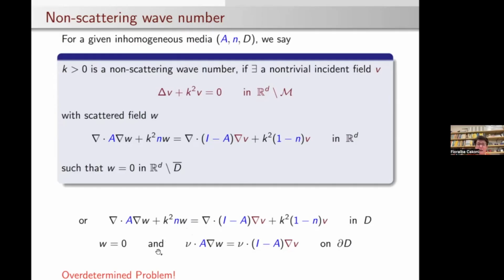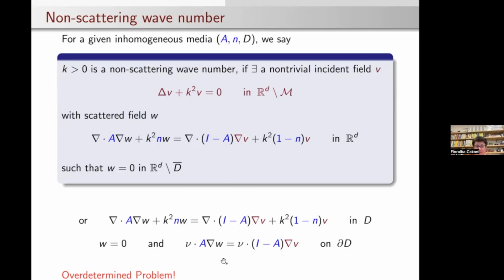So we say, well, how about I include in my system also the equation of the incident field. Here I send the incident field V, right? But I say, well, no, I'm not sending the incident field V, but I'm looking for something that solves the Helmholtz equation.